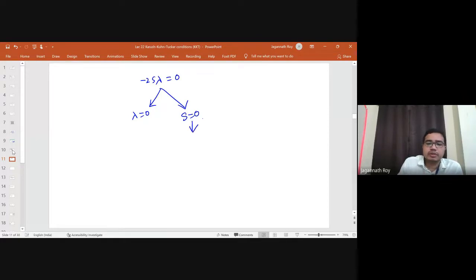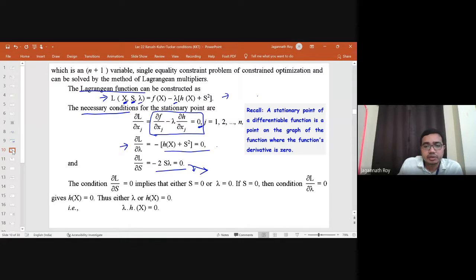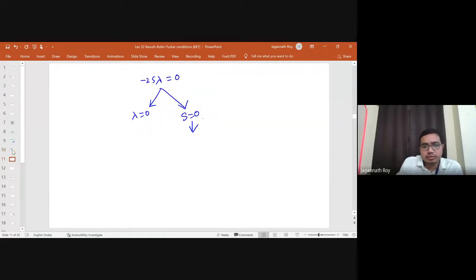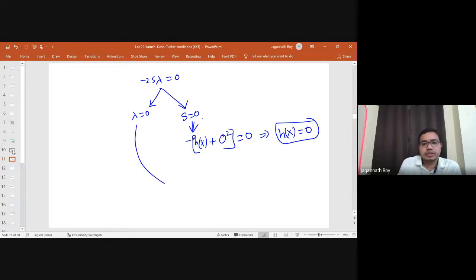If this is 0, then what happens? We have here 0. So this implies minus hx plus s square equals 0. So if you put 0 here, this will imply hx equals 0. Now if you combine these two situations, we get lambda into hx equals 0, which again tells us that either lambda is 0 or hx is 0.